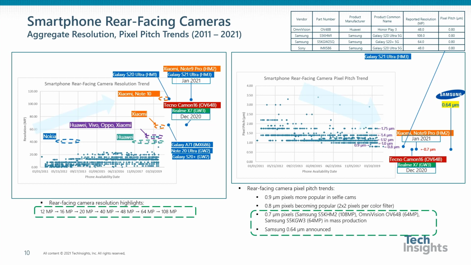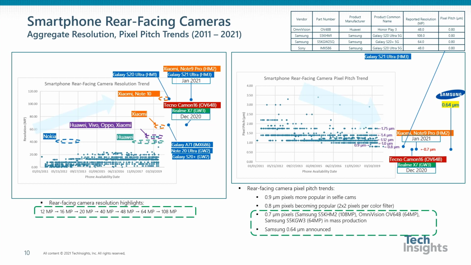The right-hand side graph gives pixel pitch versus analysis date. Here again, we see a clear trend of continuously decreasing pixel pitch with time. This is evidenced by the recent release from both Samsung and OmniVision of the 0.7 micron pixel generation sensors.